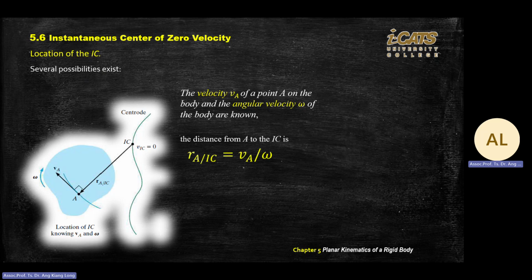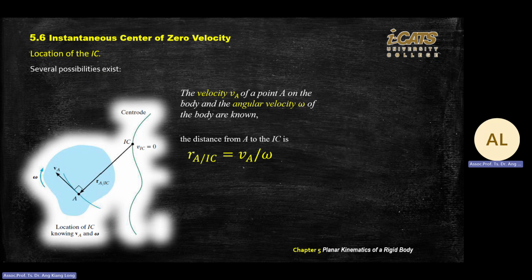So once you know your V and omega, then you can measure the distance from A to the IC, which is R_A/IC, the position of the fixed point of instantaneous velocity.